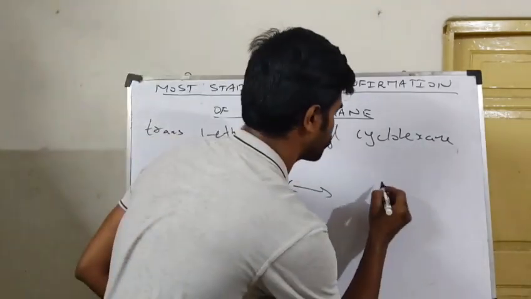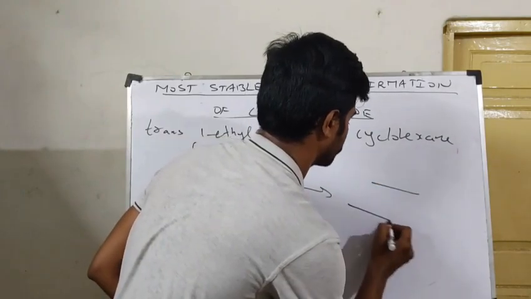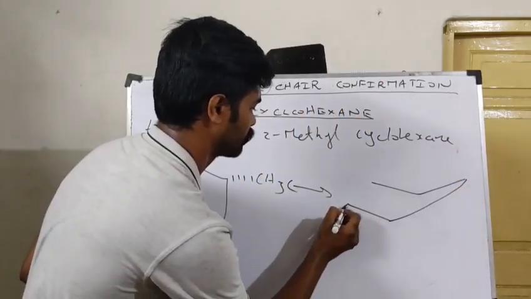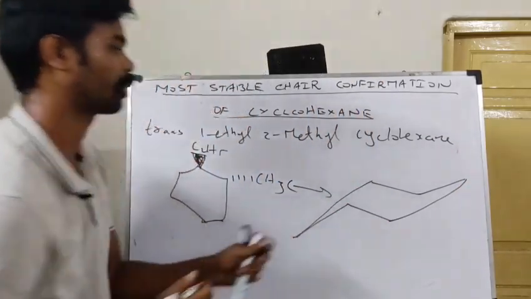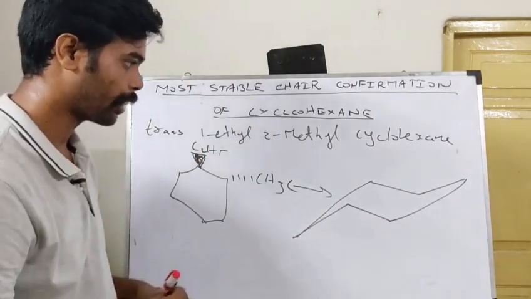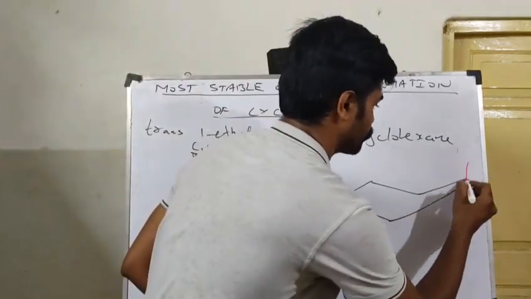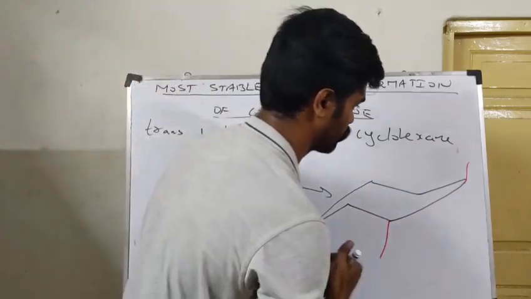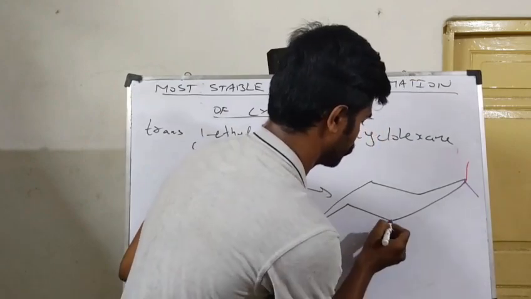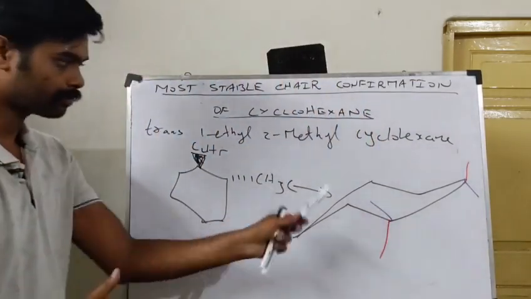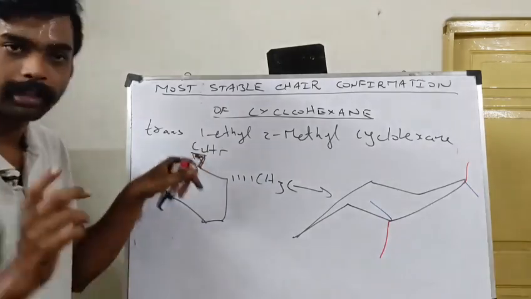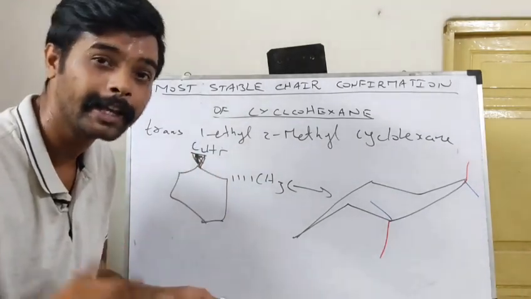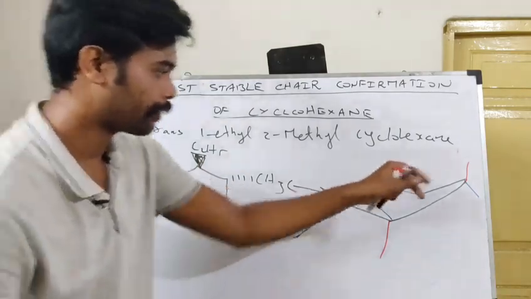So we'll draw the chair first. Okay, the chair. Let me put the axial and equatorial bonds. Cool. Now again the thumb rule for the most stable conformation, most bulkiest group should be in the equatorial position. So let me start with the first carbon atom.